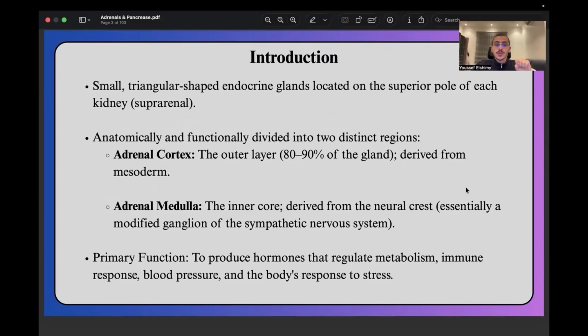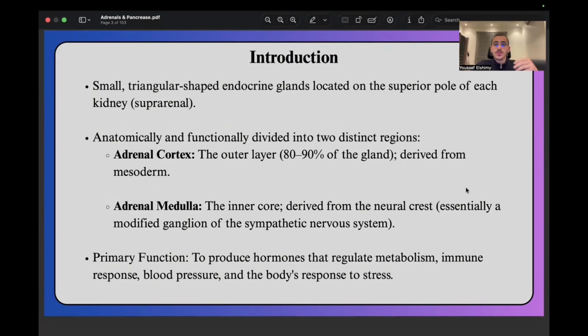So since these two distinct regions have different functions, they are derived from different embryological origins. The adrenal cortex is derived from the mesoderm, while the adrenal medulla is derived from the neural crest, which is an ectodermal origin.